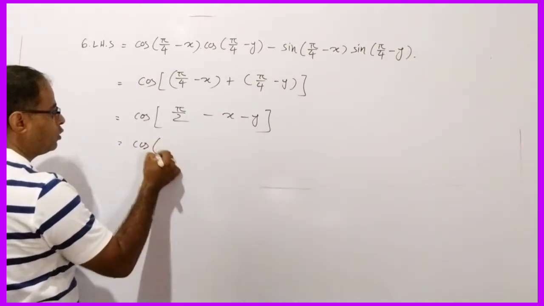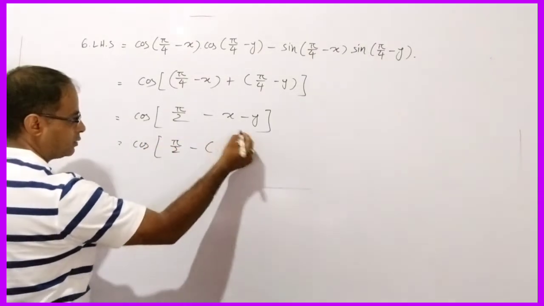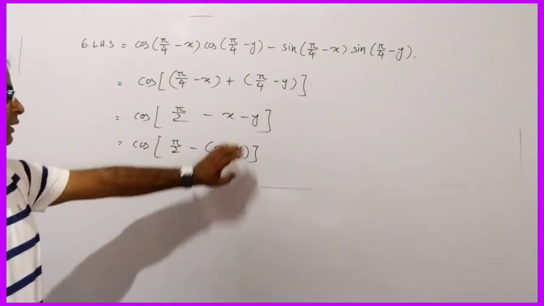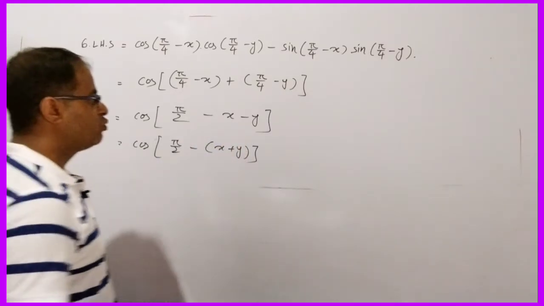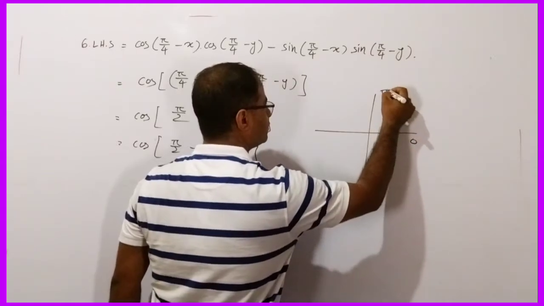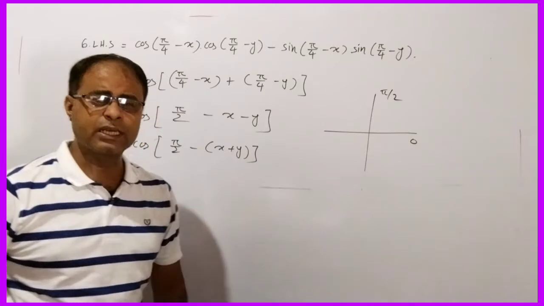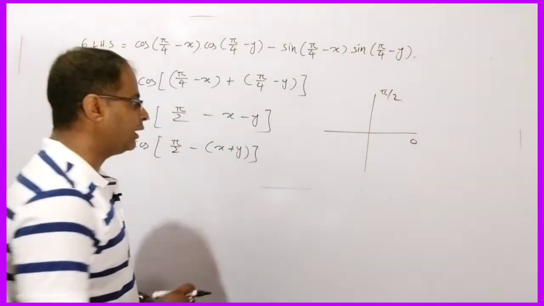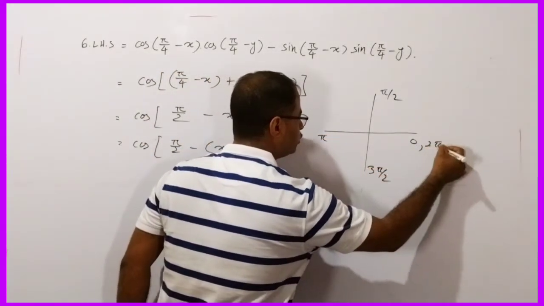Now again, cos of pi by 2 minus, x plus y can be written as theta. So cos of pi by 2 minus theta, again the concept of the quadrant. I told all of you in my previous class that it plays a very important role in trigonometry, right? Pi by 2, pi, 3 pi by 2 and 2 pi.